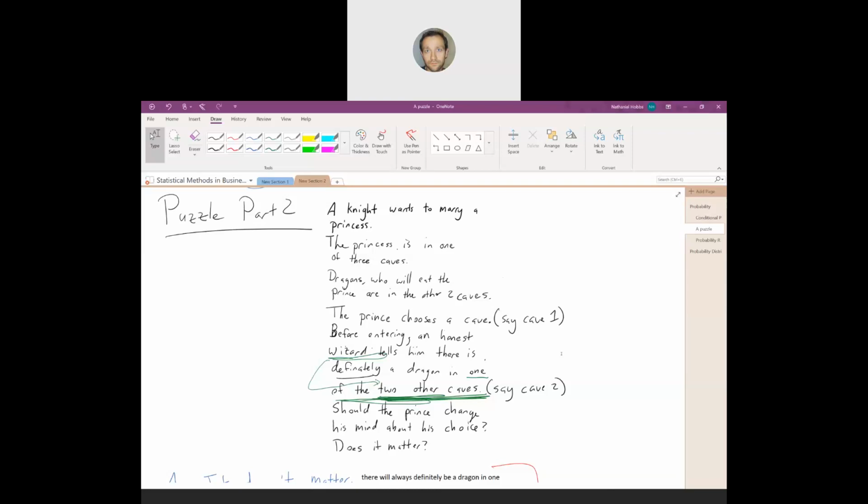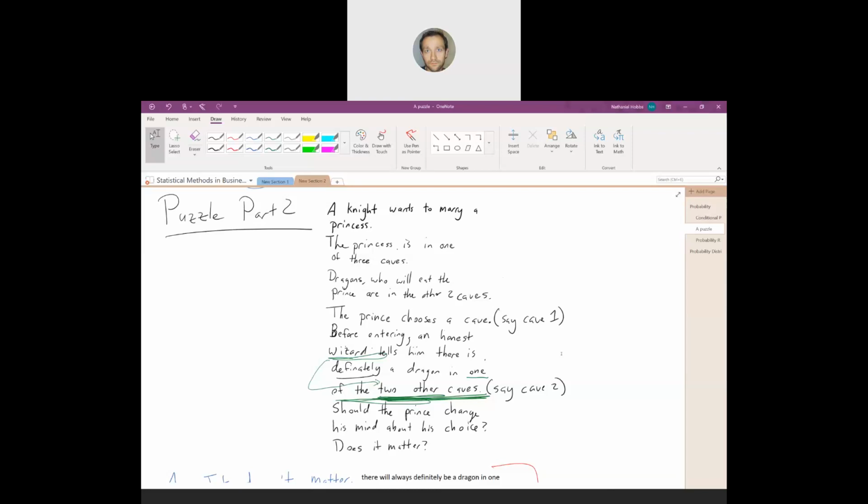If the wizard could reveal cave 2 as well, that's a different problem, and the things that we're saying now wouldn't necessarily be the same. But you're correct. So the wizard can only reveal one of two caves.